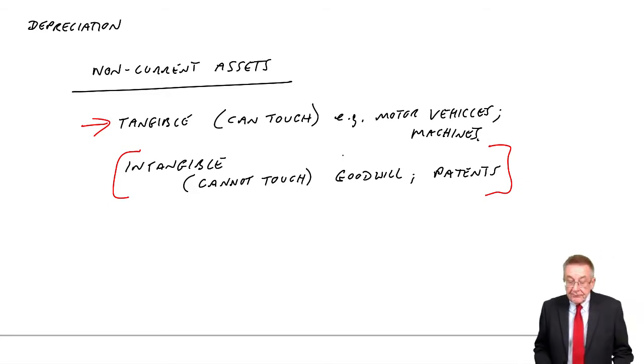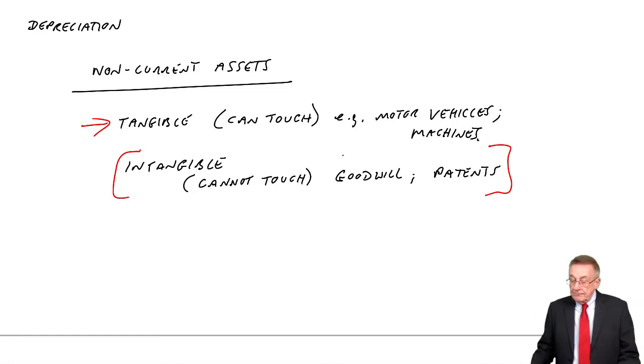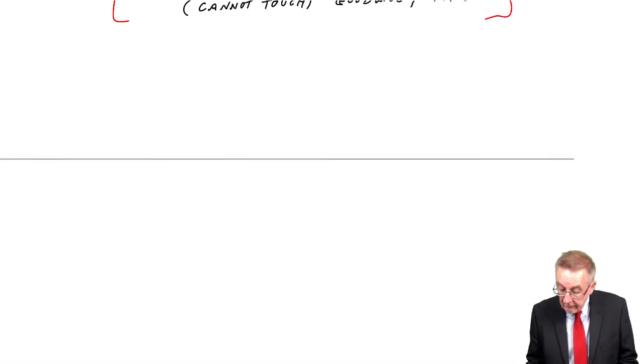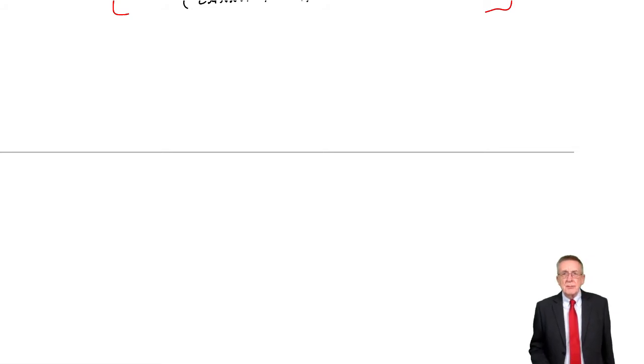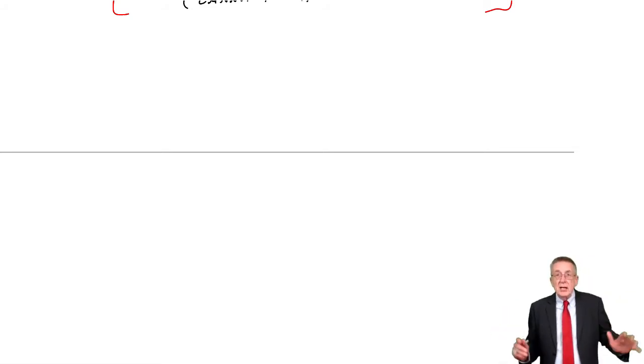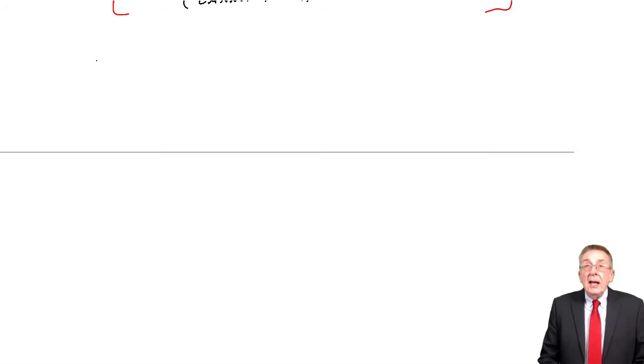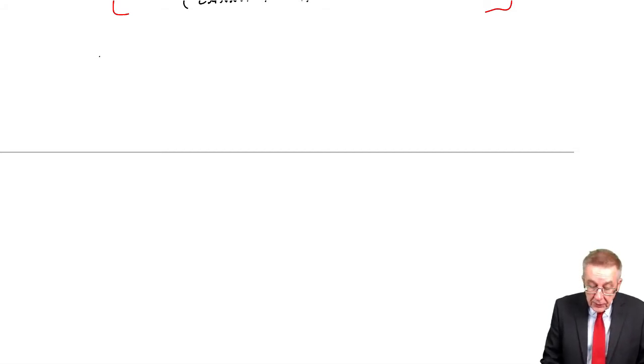So that's the first thing. The second thing: you remember from an earlier chapter, I think it was chapter 2, I went through the distinction between capital expenditure and revenue expenditure.